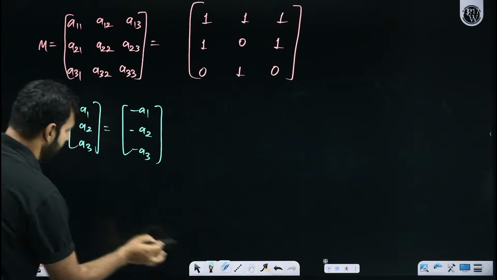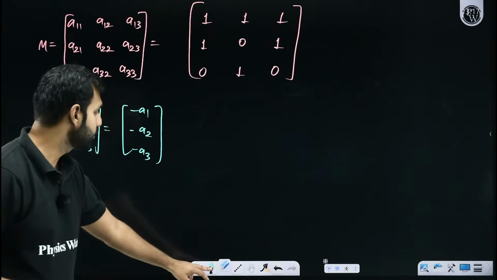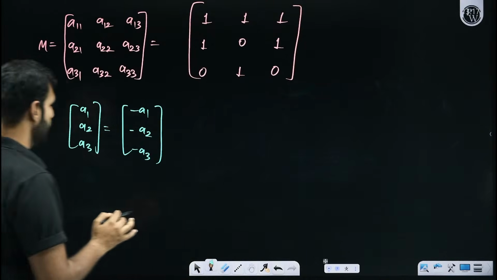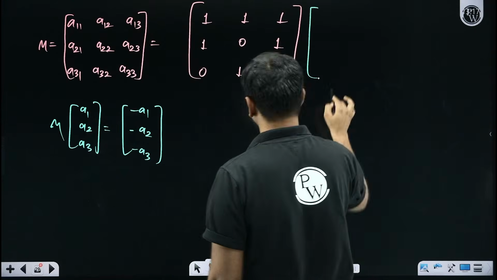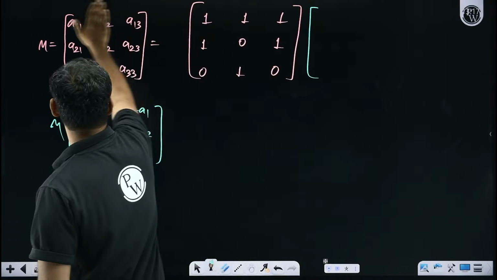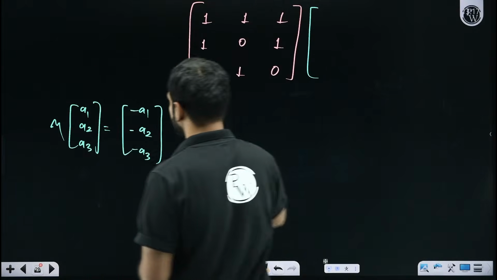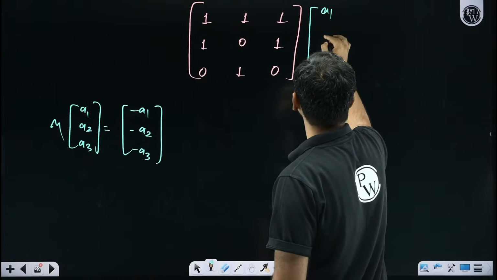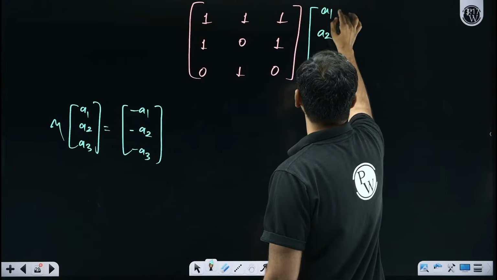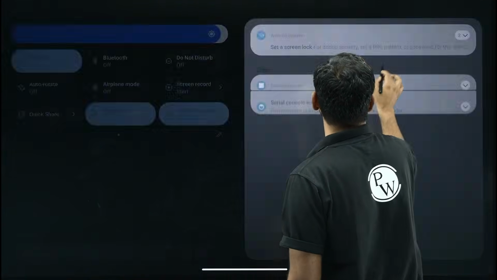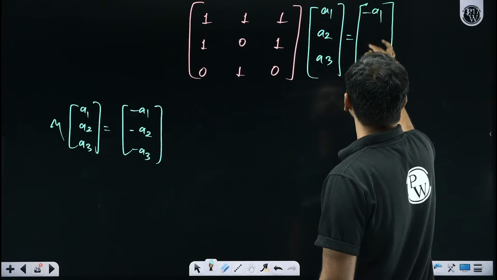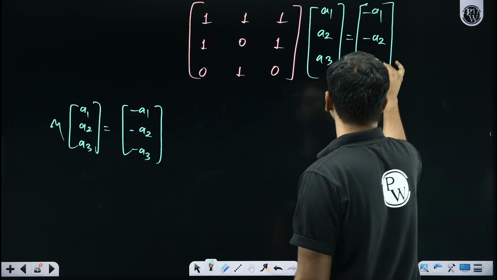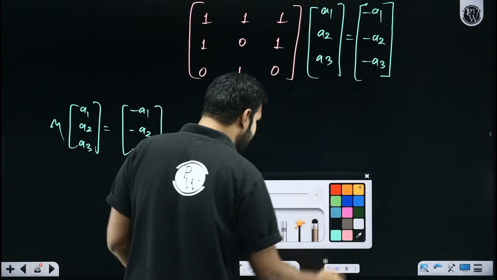Let me replace this M by this matrix, which is 1, 1, 1, 1, 0, 1, and 0, 1, 0. So this M times A1, A2, A3 is equal to minus A1, minus A2, minus A3. So matrix multiplication is a little lengthy in terms of calculation here.